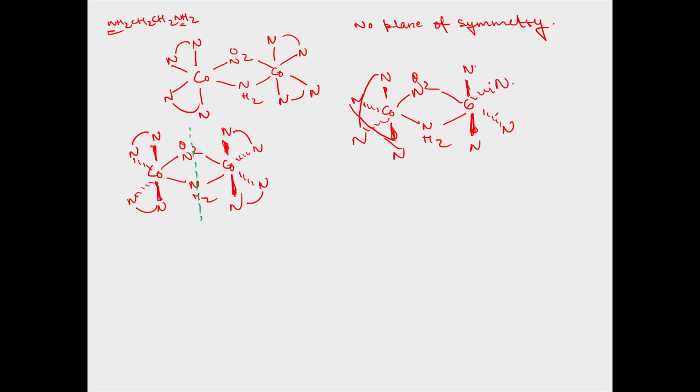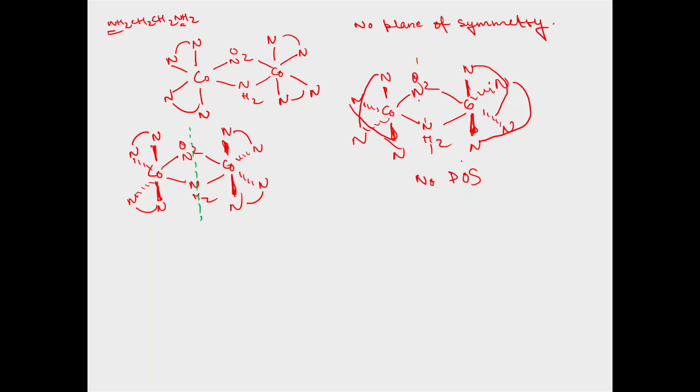Now if we have this complex, there is no plane of symmetry in this molecule. If we see it like this, we may think there is a plane of symmetry in this case also, but that is not the case, because here one nitrogen is present up and the other one is down. So this complex does not have any plane of symmetry.